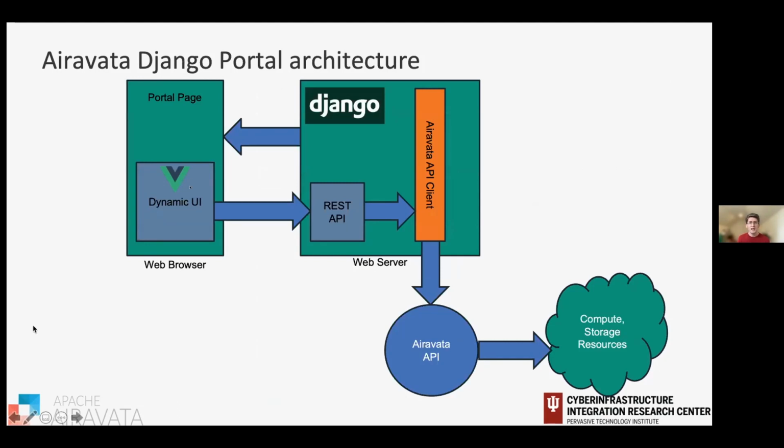So here's a high-level diagram of the architecture. This blue circle down here represents the Airavata API. Well, essentially it represents Airavata. And this cloud here, all the compute and storage resources and such.